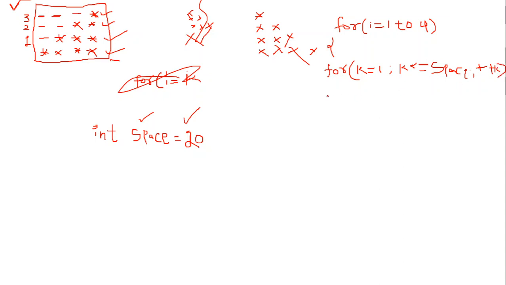As you can see, I am writing k is 1, k less than equals to space, which is this value. So this for loop will run 20 times, and then we are incrementing the value of k at the end.